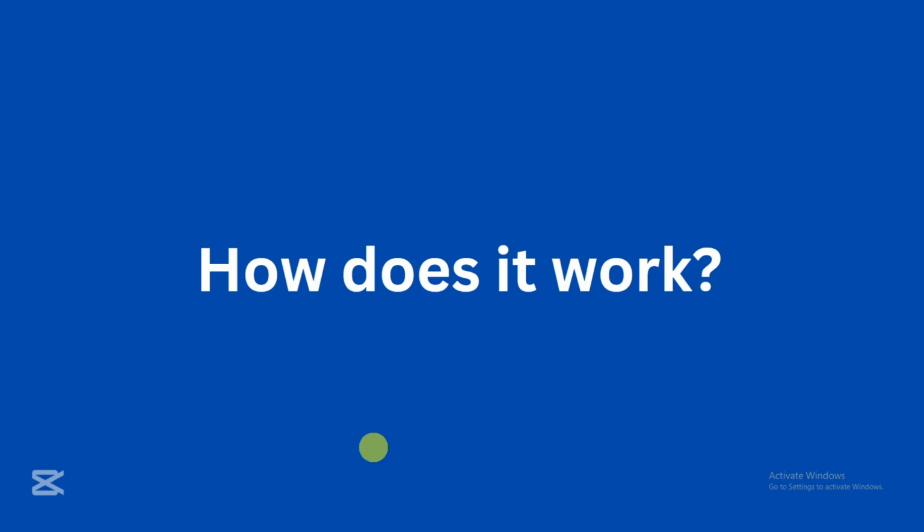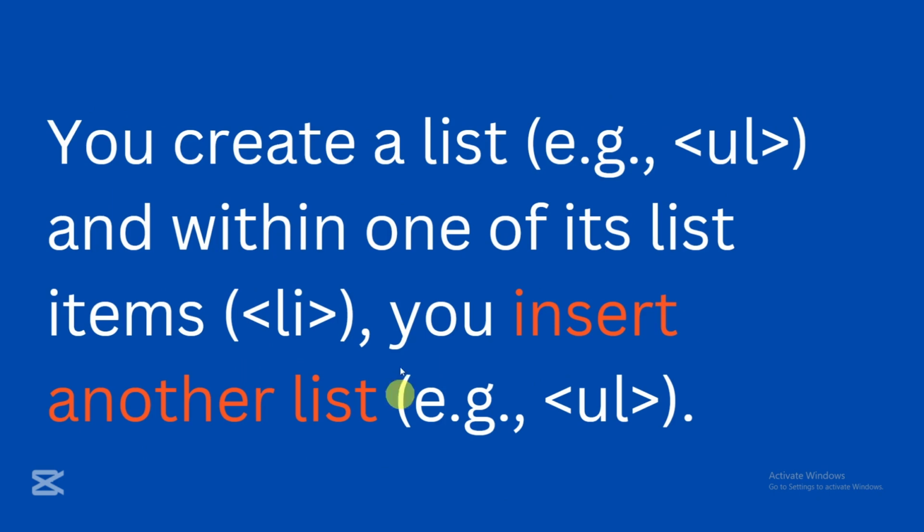Now, how does this work? First, you create your list. For example, if you are dealing with an unordered list, you are going to have your UL, so your UL and the closing UL, and you are going to now list your items. So each item would be in an LI.